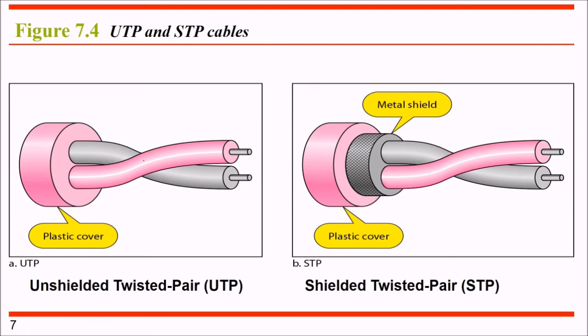These are the twisted pair cable, two types, UTP and STP. UTP is unshielded twisted pair, and these are shielded twisted pair, and you see you have a metal shield here. Both have plastic covers as an insulator.